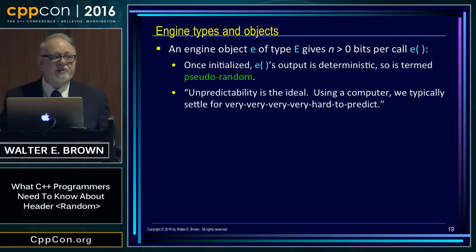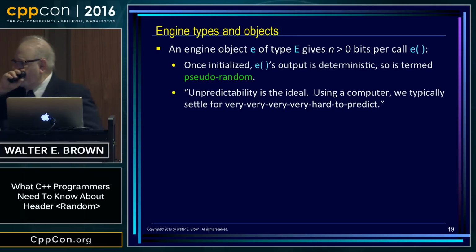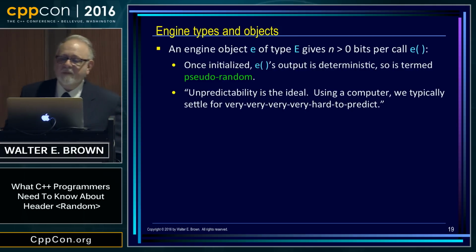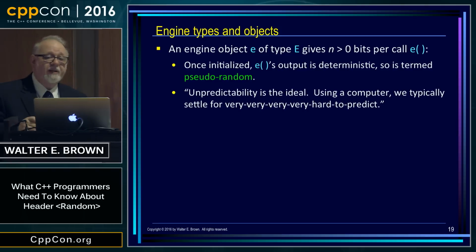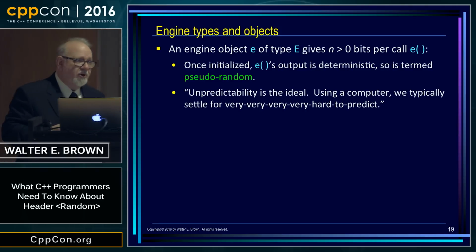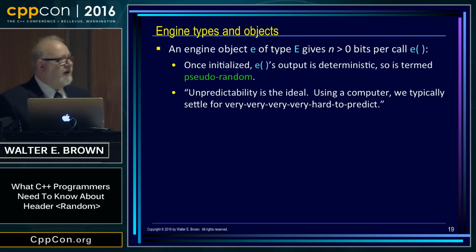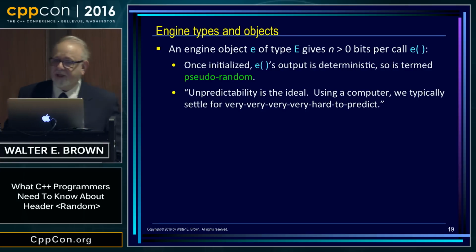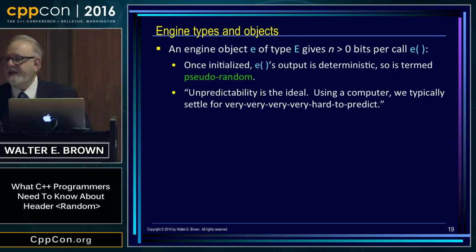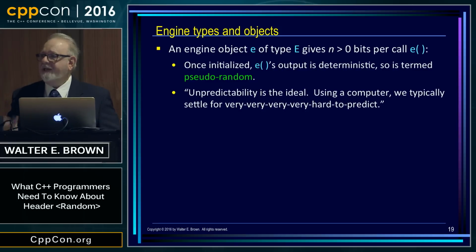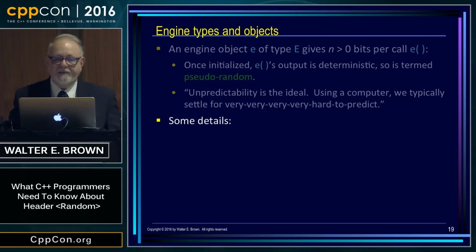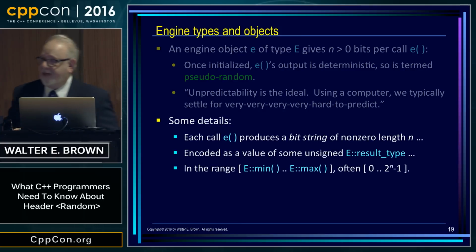So don't assume it's going to be pseudo-random. Depends on your choice of engine. The ideal is unpredictability. But when you have a computer, you typically have to settle for very hard to predict. That's the key. An inability to predict.